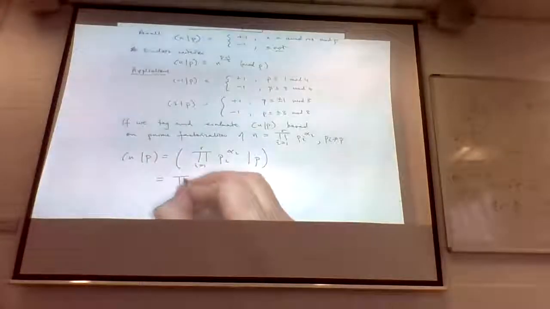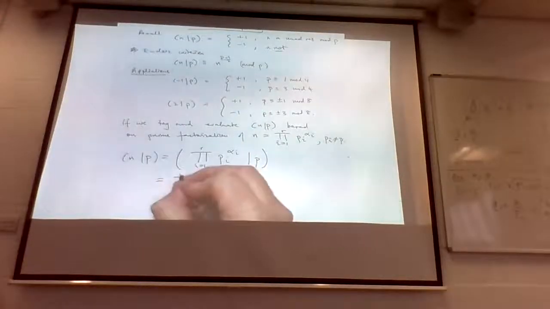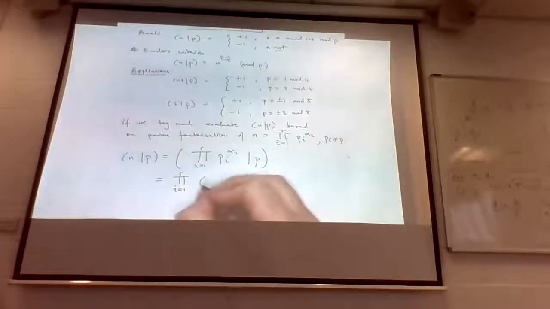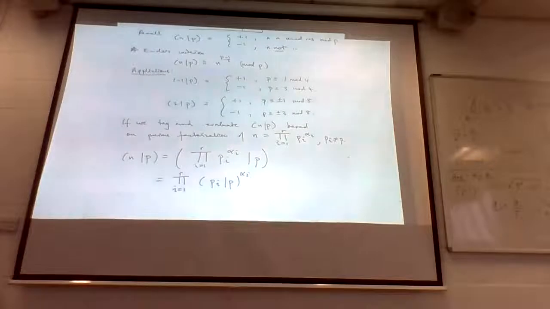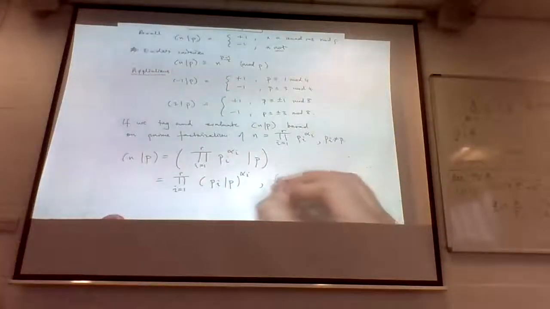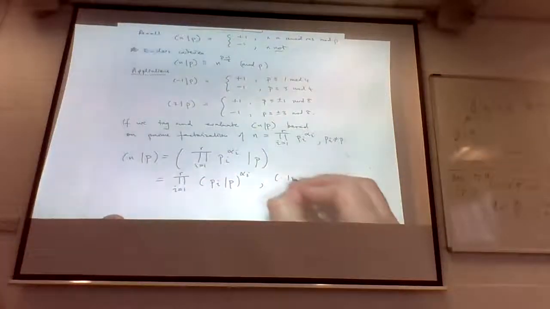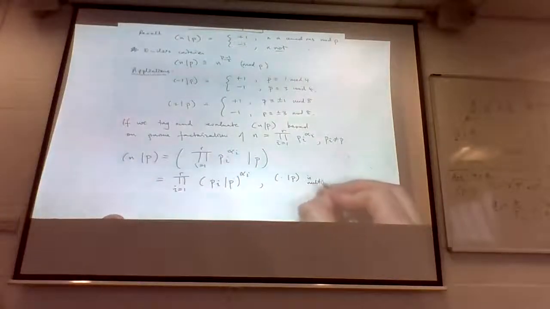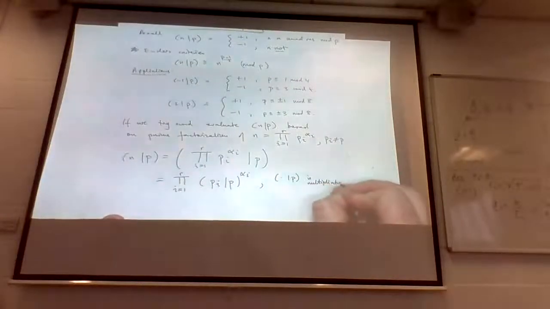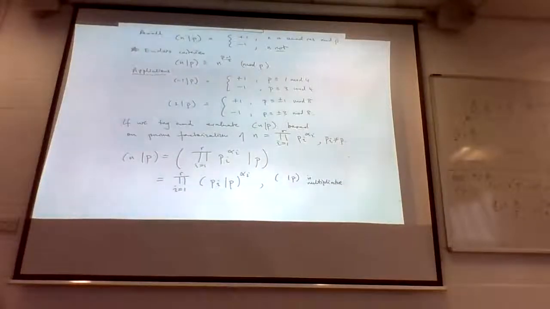So the product operator comes out to the front, and this exponentiation floats outside as well. That's since this, as a function on the first variable, is multiplicative. That was one of our earlier lemmas, Theorem 8.3.